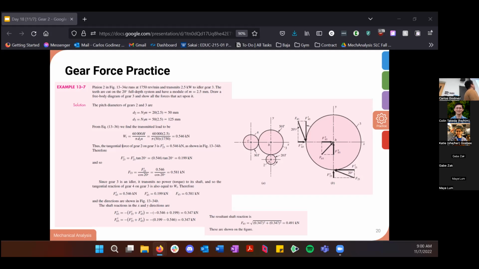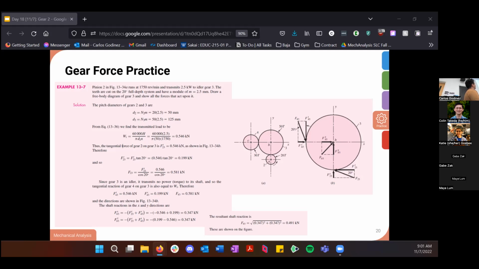Since we're treating this big gear as an idler, power in equals power out, so the tangential and radial forces are going to be equal over here. These gears are mounted at 90 degrees from each other, so they're already aligned with our XY axis, and we don't have to do any funky stuff there.